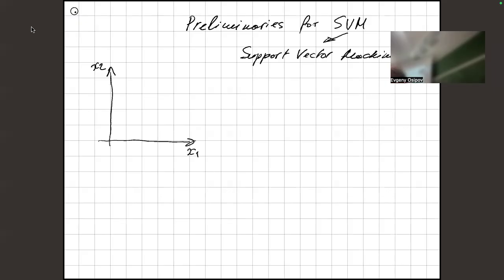So this is our feature vector. Today, when I write x with straight lines, I mean a vector. And the other axes with indices are the concrete features or coordinates of this vector.